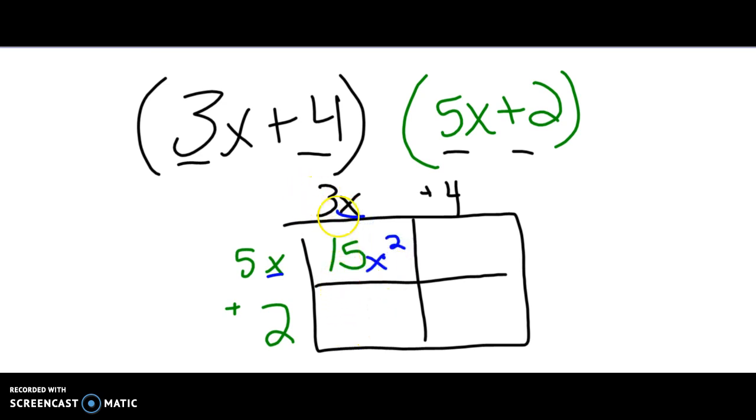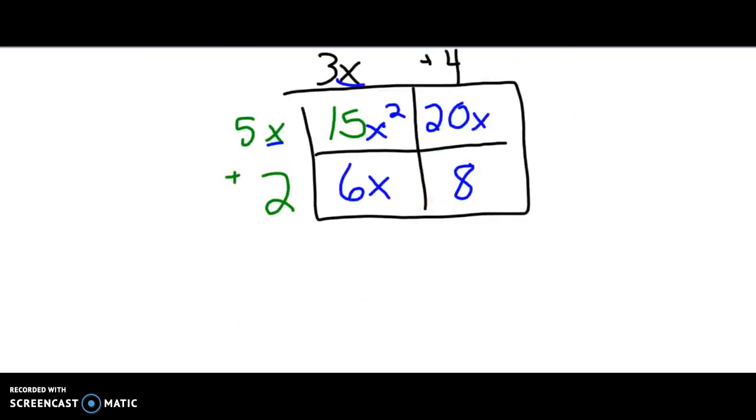In this box, I'm doing 3x times 2, which gives me 6x. In this box, it's 5x times 4, which gives me 20x. And in this last box, it's 4 times 2, which is 8.